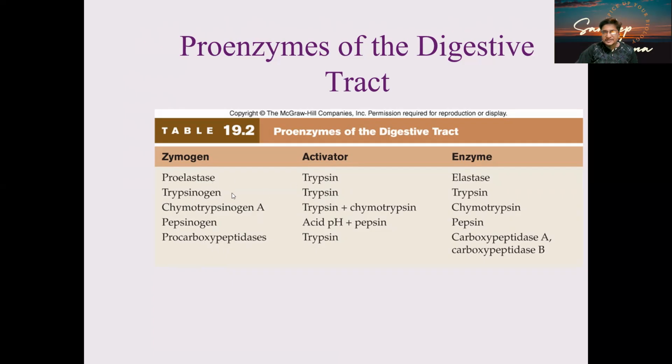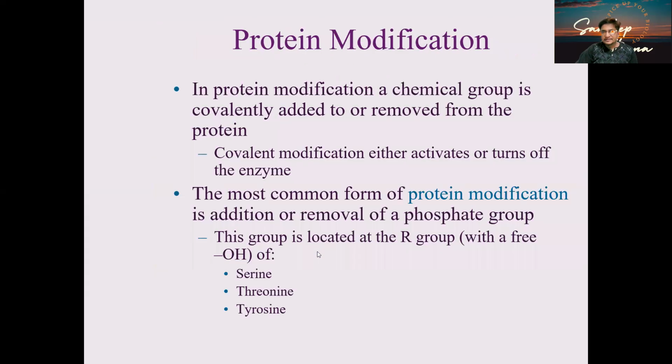Proelastase and trypsinogen are going to be activated by trypsin. Chymotrypsinogen A is going to be cut by trypsin and chymotrypsin. Pepsinogen requires acidic pH and a little amount of pepsin, and procarboxypeptidase needs to be cut by trypsin.